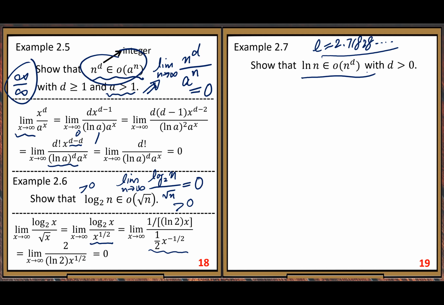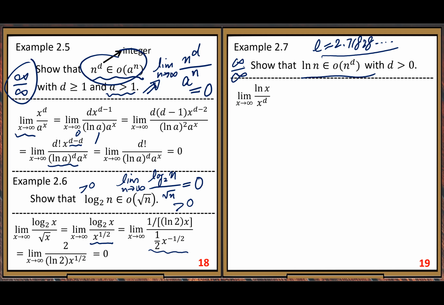So let me show this result first. Here we can still use L'Hopital's rule. We write a continuous version, natural log of x over x to the d power. Because it is an infinity over infinity indeterminate form, we can apply L'Hopital's rule.